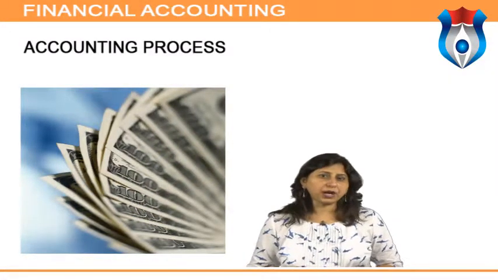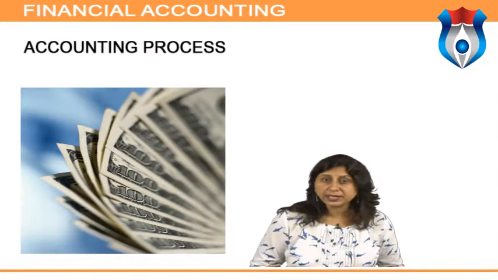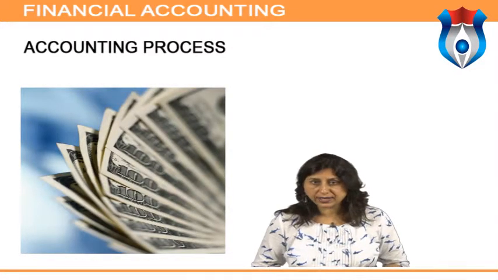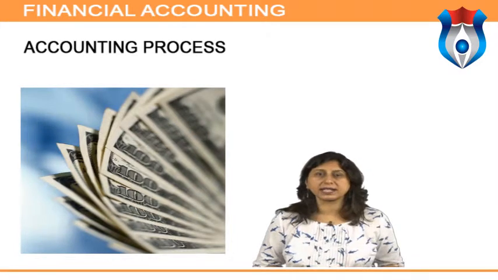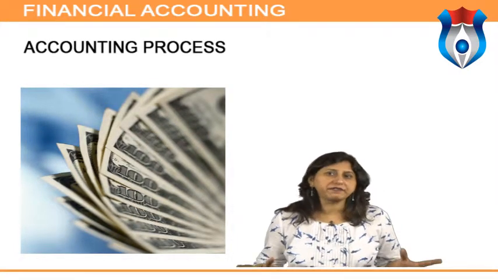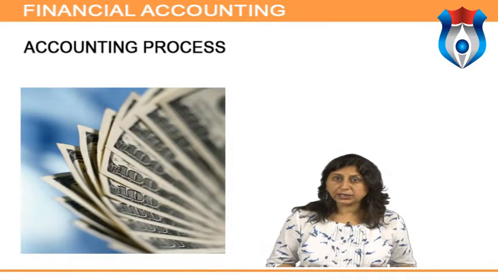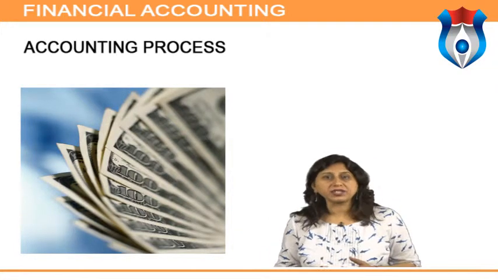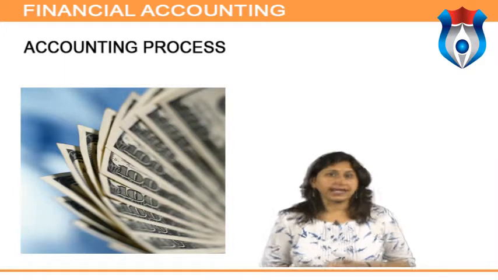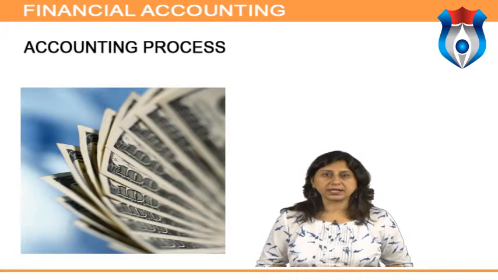The financial accounting cycle is the process of recording business transactions and processing accounting data to generate useful financial information. That is, financial statements including income statement, balance sheet, cash flow statement, and statement of shareholders' equity.